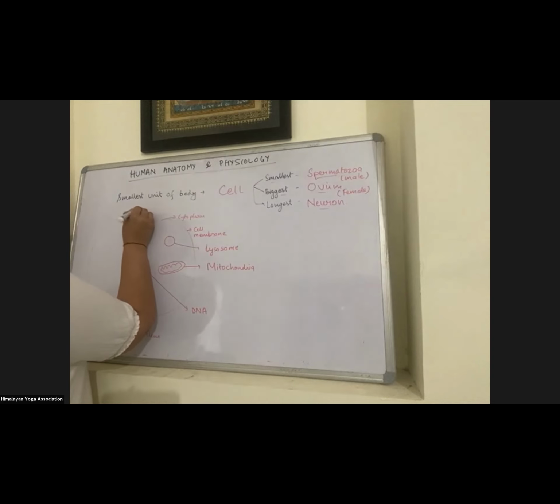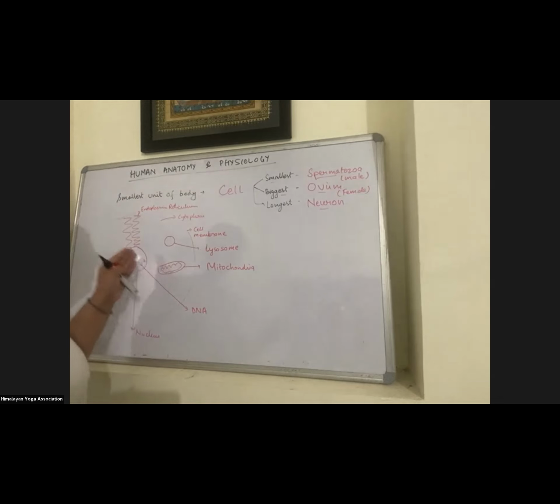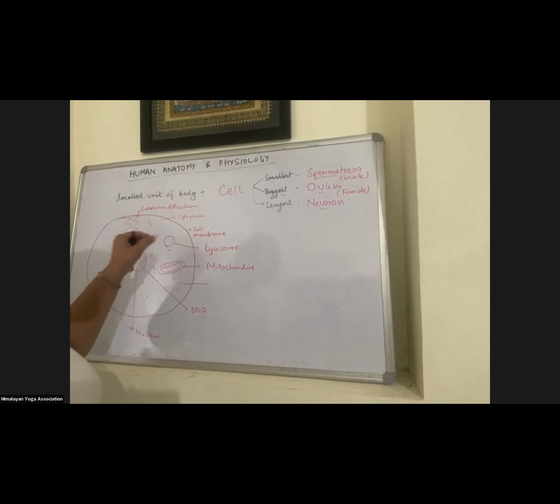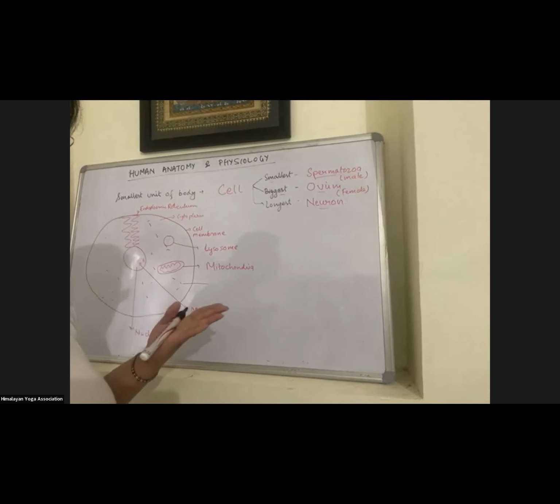This is endoplasmic reticulum. Okay, so this is the structure of the cell. And here we have a fluid-like thing in which all the organelles are present. In the human body, they're called organs.